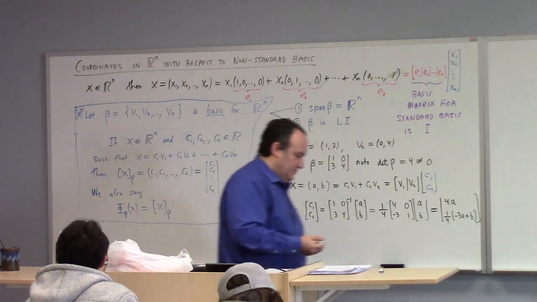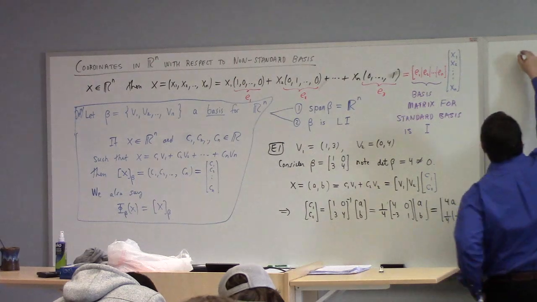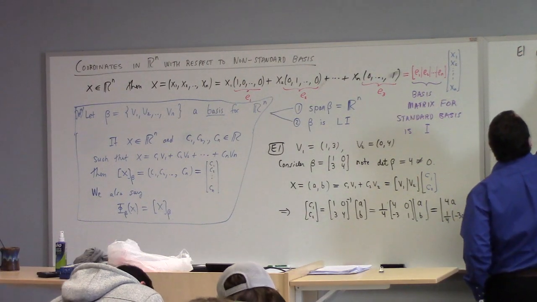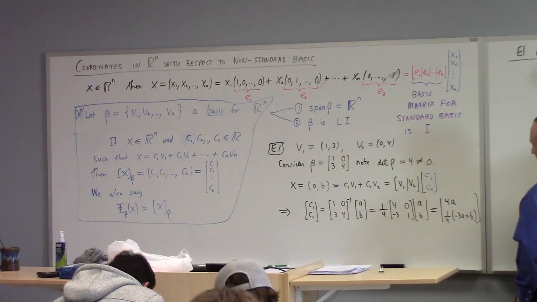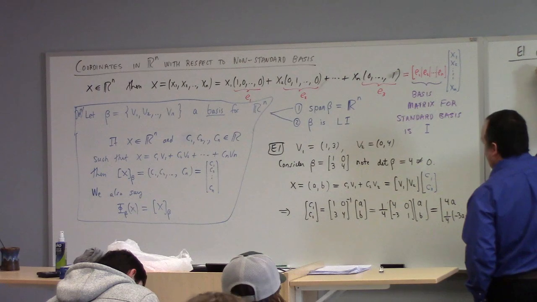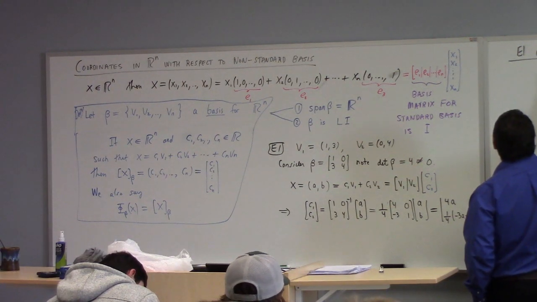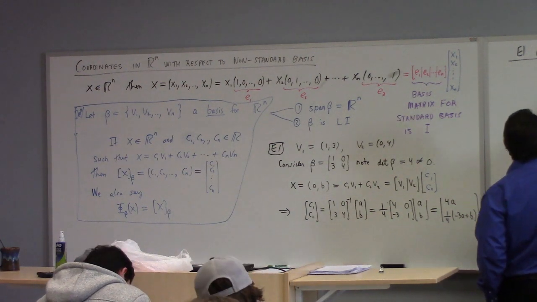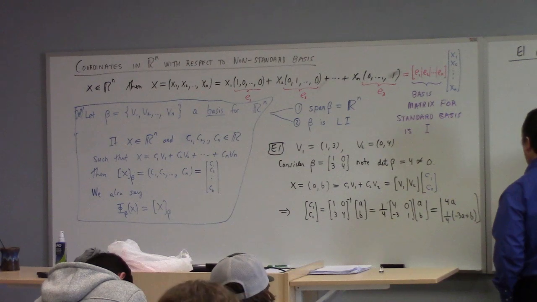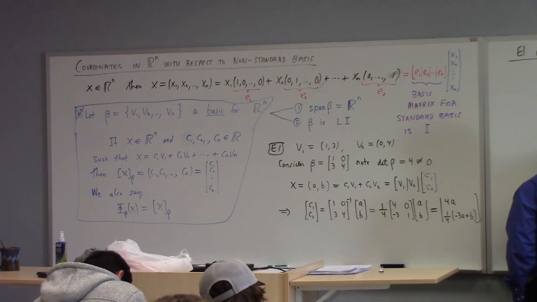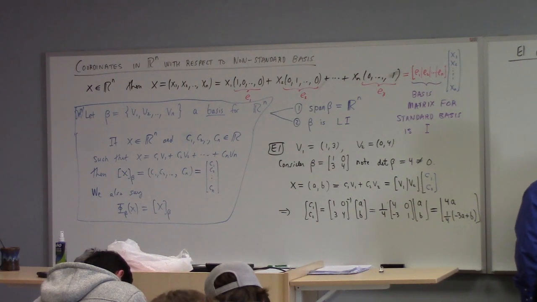So let me just continue this example. So here we go. We just figured out that the beta coordinates of x are, what were they? They were a, comma, 1/4 of minus 3a plus b.